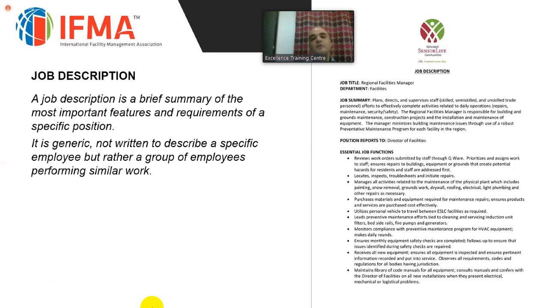So a job description usually is a generic one, not written to describe a specific employee, but rather a group of employees performing similar work. So I will have a job description for an HVAC technician, a job description for a security person, a job description for a facility manager, a job description for an accountant, and so on.